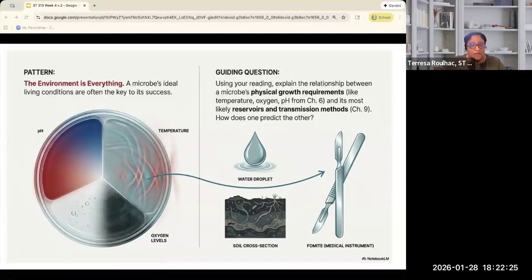Now, as STs, we're not just cleaning our instruments, we are interrupting environmental matches, like trying to break them up. Okay. We change temperature exposure, we change oxygen availability, we change moisture levels. That's how infection prevention actually works on the microbiological level. Microbes do not spread randomly. They spread when the environment lets them win.